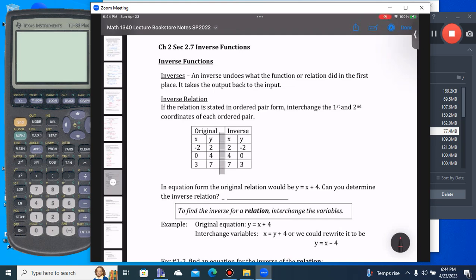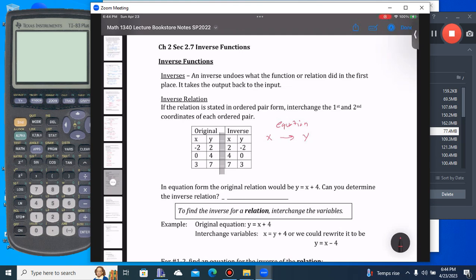So if you think about a normal equation, it takes values that we put in for x and sends them to, just say, y for now. And if it's a function, then every x value has a specific y value it goes to.